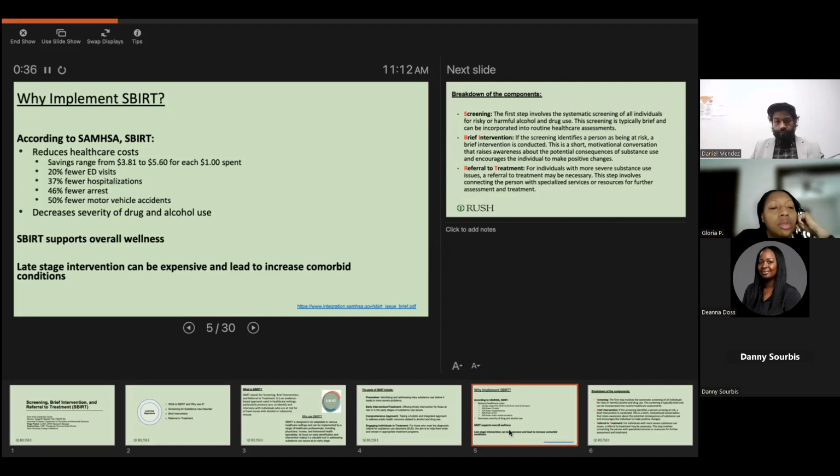It decreases the severity of drug and alcohol use. SBIRT supports overall wellness, and late-stage intervention can be expensive and lead to increased comorbid conditions. So waiting late, we can get jail time, paying fees. SBIRT is a way of alleviating those things and motivationally trying to deter someone from continuing the use of substances.